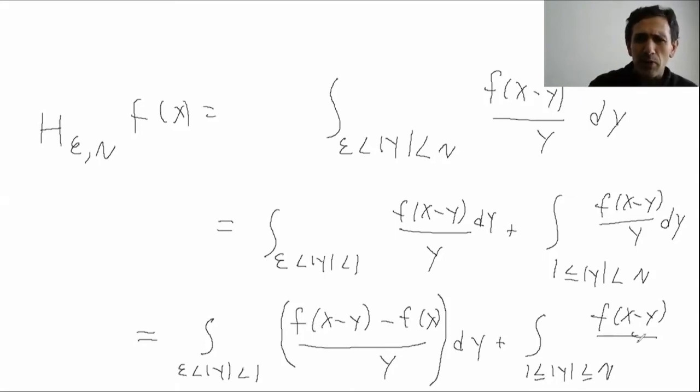Same thing here. f is a Schwartz function, so this decays faster than any polynomial. So this is a well-defined improper integral as big N goes to infinity. There's no issue with the y in the denominator because y in absolute value is way far away from 0. It's bigger than or equal to 1. And I guess this should be, not that it matters, but this should be less than.